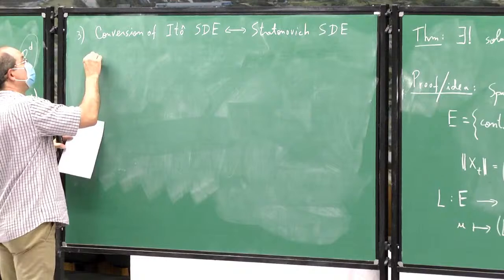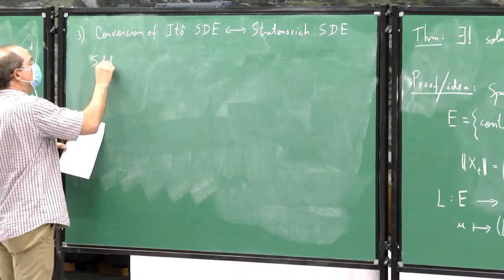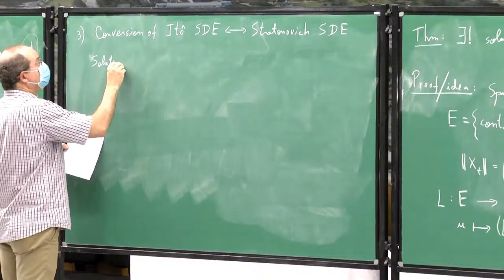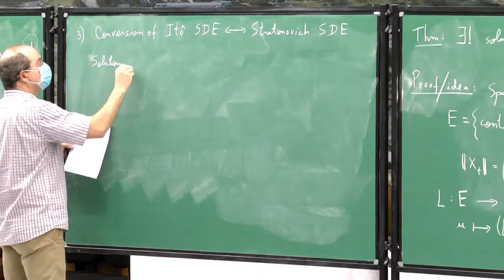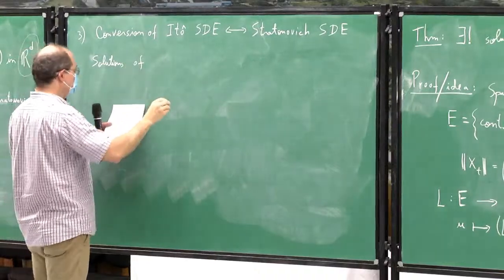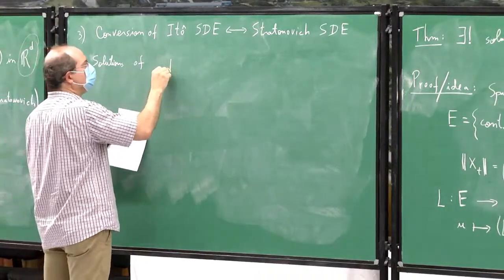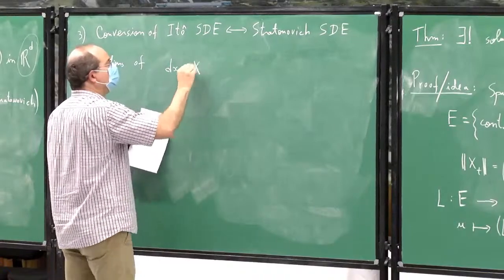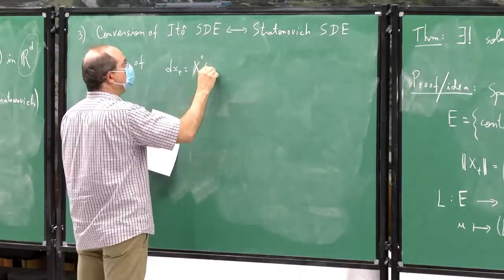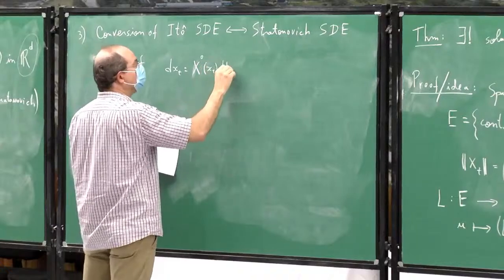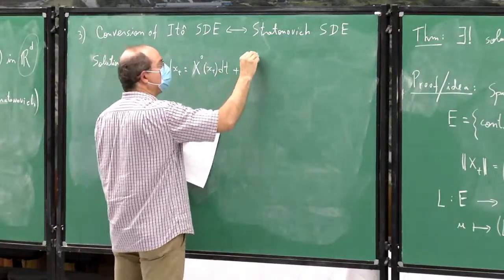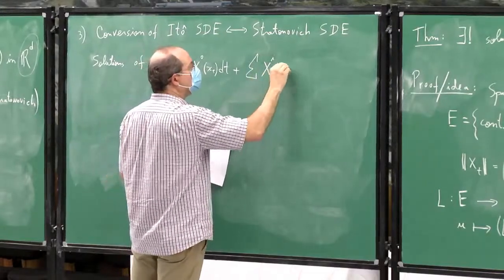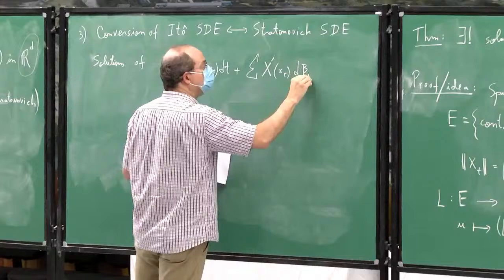And I claim that its solution or solutions, depending on the initial condition, are solutions of dXt equals X0(Xt) dt plus Xi(Xt) dBt^i.